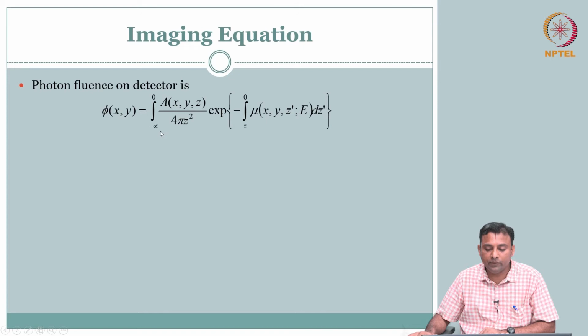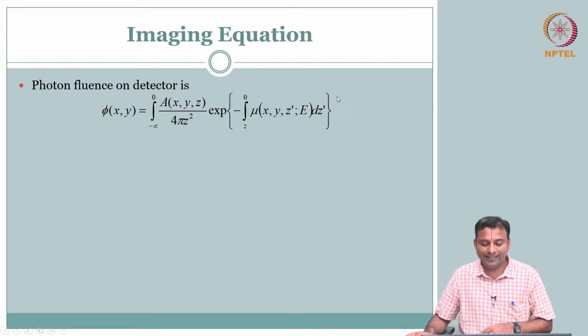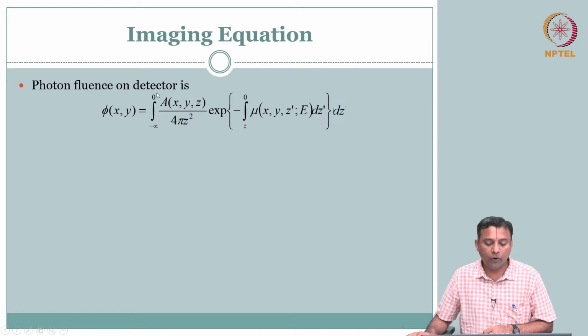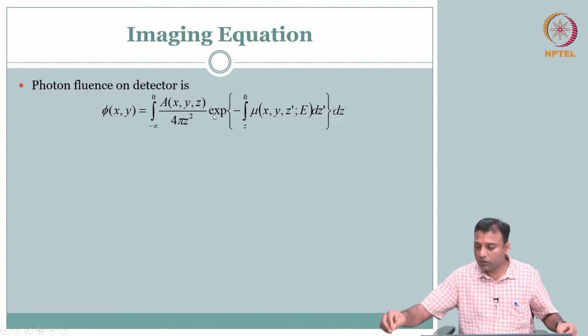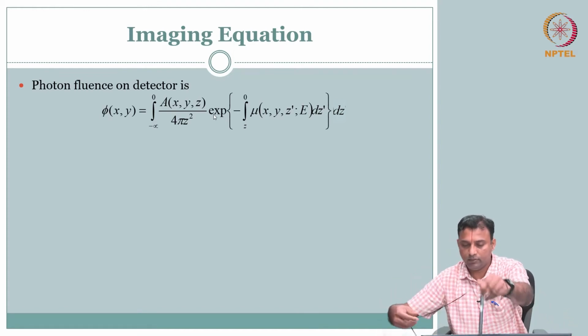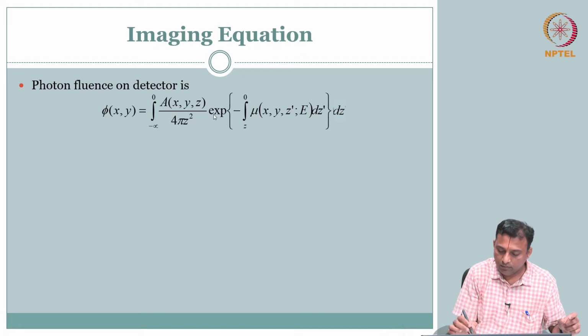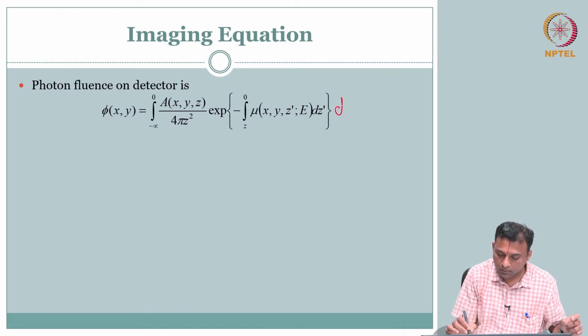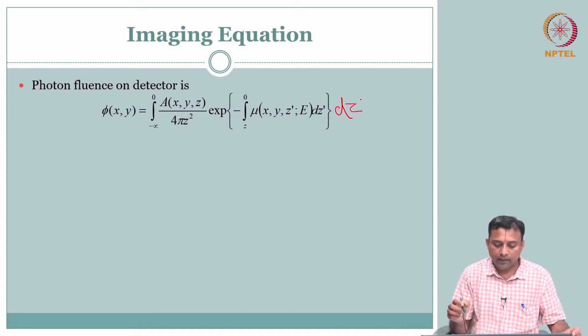You have the integration. Of course there should be a dz here, because this is going over minus infinity to 0. A(x, y, z), so there should be a dz. I will update the slide.